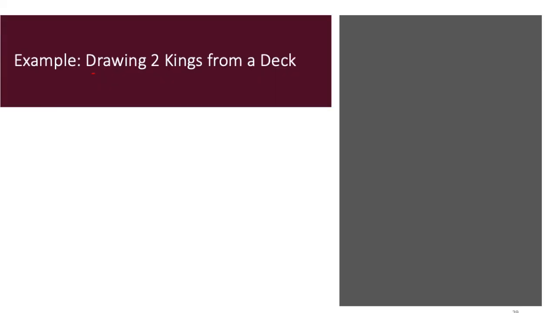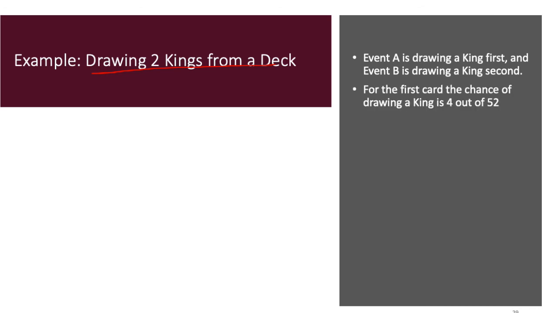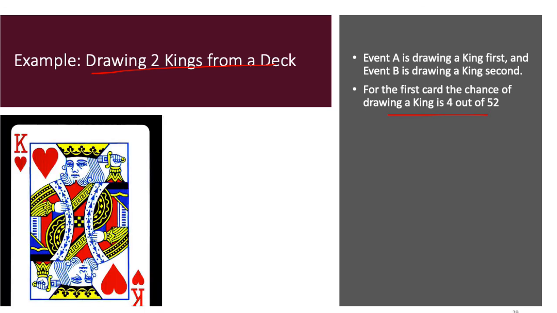We're going to look at an example of drawing two kings from a deck of cards. So event A is drawing a king first, and event B is drawing another king second. For the first card, the chance of drawing the king is 4 out of 52. So here's our first king. Now that we've drawn that card out of the deck, and we're going to keep it, we're not going to replace it and put it back in the deck, which means now we've changed the probability of every single event to come.